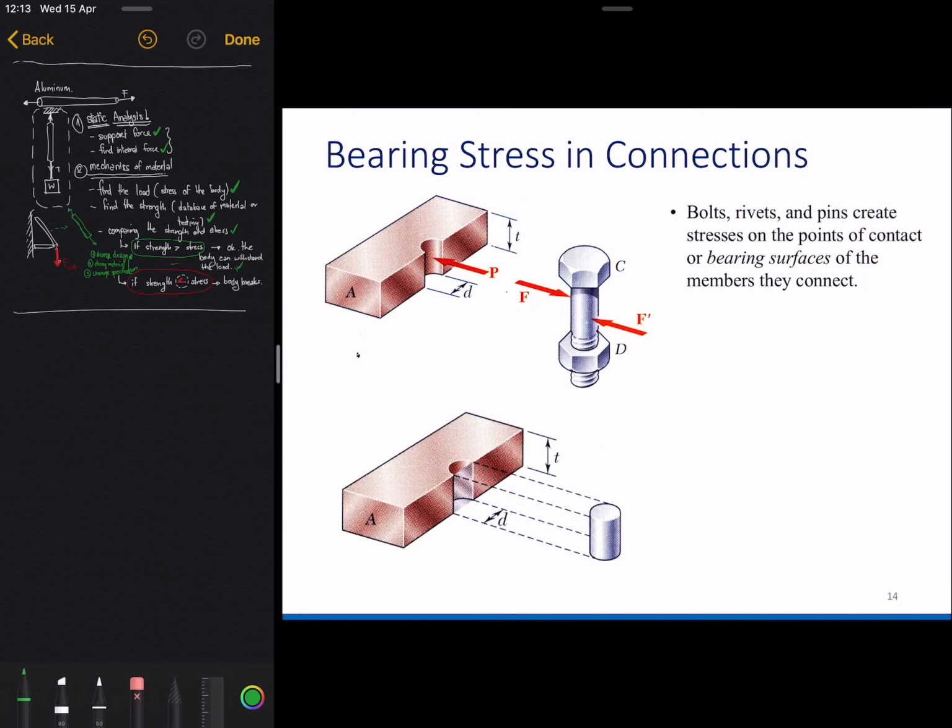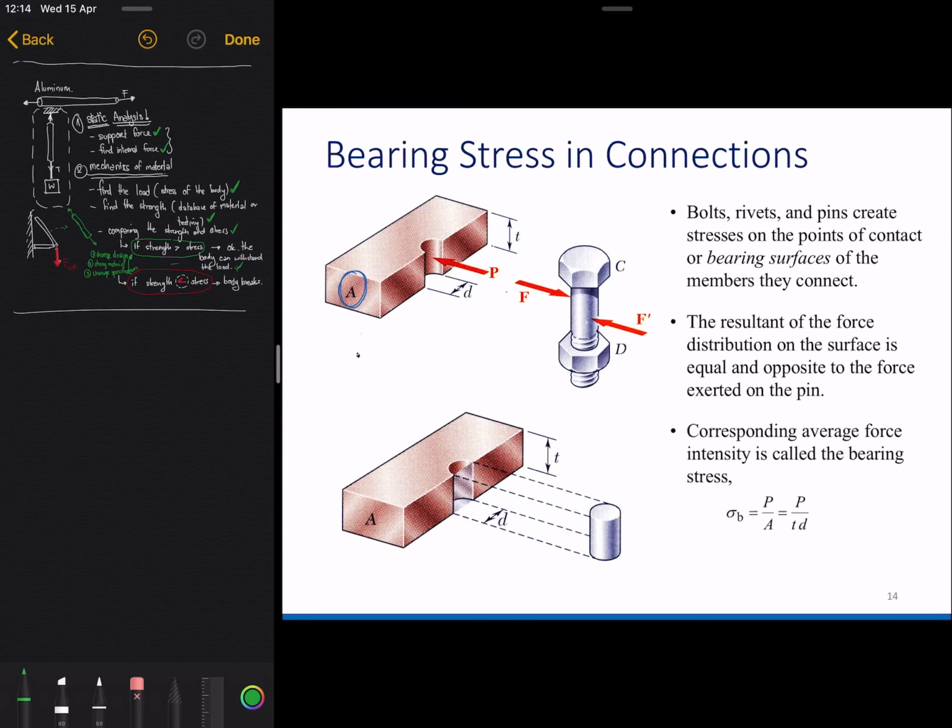And lastly, we have the bearing stress in the connections. So of course there's shear stress on the bolt, but the clamped parts, A and B, also get bearing stress. And how do we calculate this?